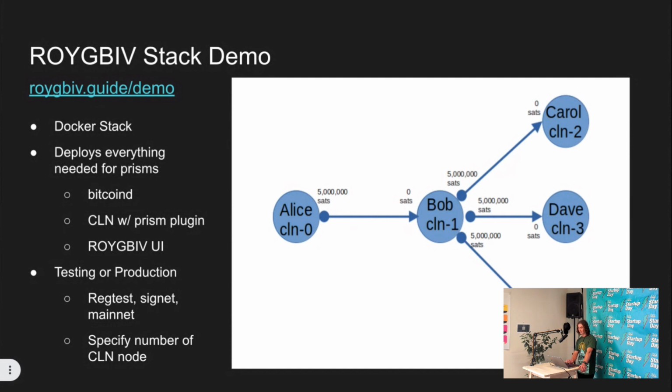So this represents a Prism, and when this gets paid, that Prism has Carol, Dave, and Aaron as members. Carol will get a 25% split, Dave will get a 50% split, and Aaron another 25% split.